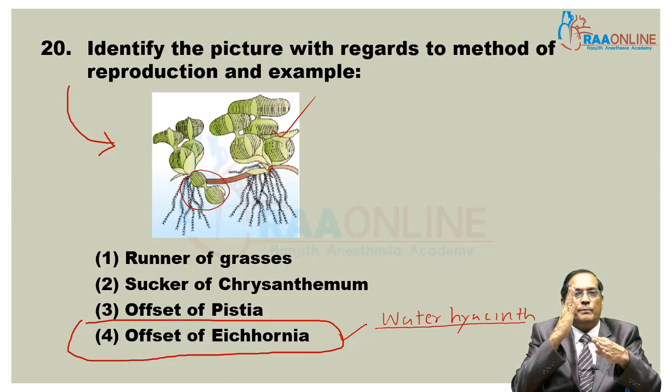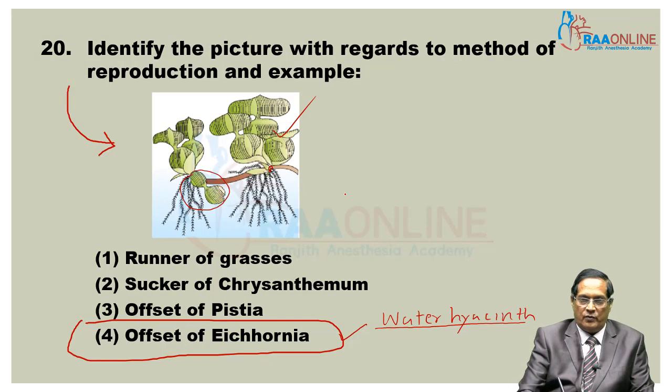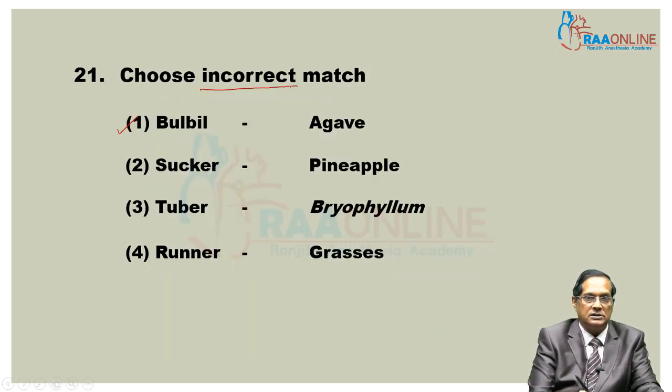If the plant is broken from an area, it develops and spreads. It is a troublesome aquatic weed, eichhornia.